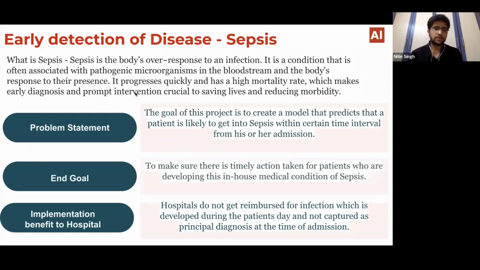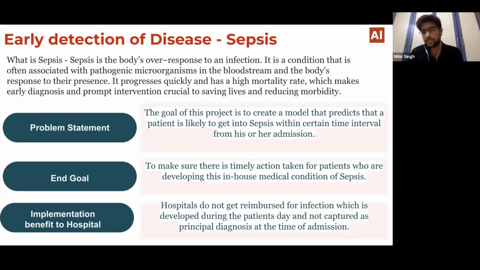All right. So early detection of sepsis. What is sepsis? It's the body's over-response to an infection. It's a condition often associated with pathogenic microorganisms in the bloodstream, and the blood's response to their presence. This is a very technical definition.